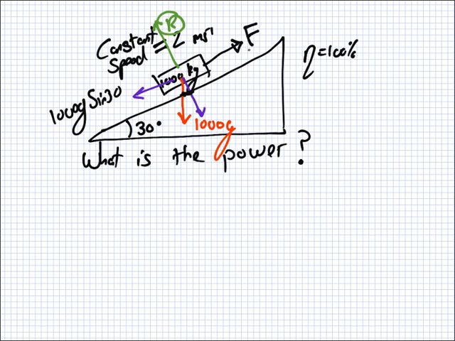Well, it's moving at a constant speed, so it's definitely not zero. How many cars go uphill with zero power engines? Not many. 1,000 g sine 30. Why must it equal the balance? Yeah? So, let's calculate here.